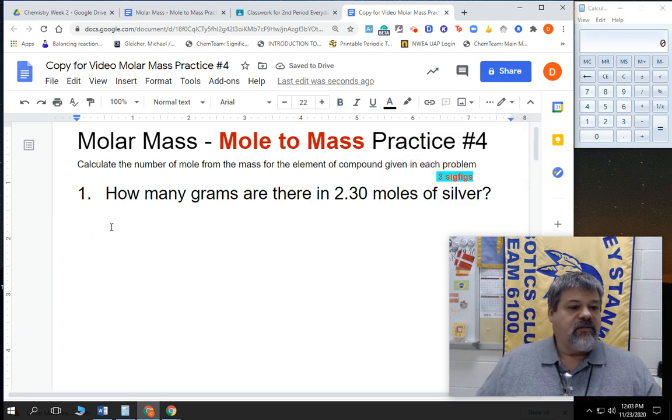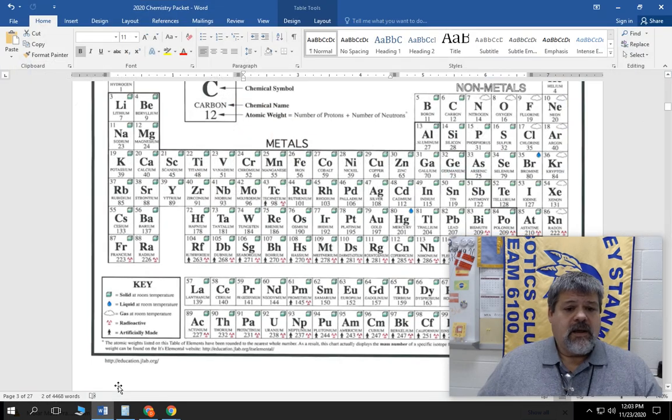So we're going to go back over here to this question, and one of the things we have to figure out is, when we go from moles to grams, we have to have the molar mass of silver. So it's just silver. If I pull up the periodic table, I find silver. Silver is right here. I know that 1 mole of silver weighs 108 grams.